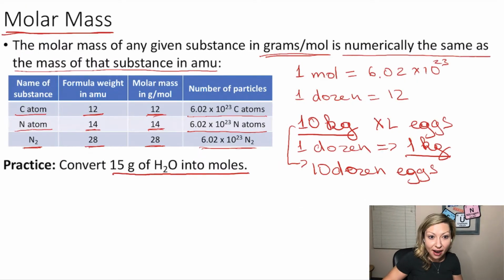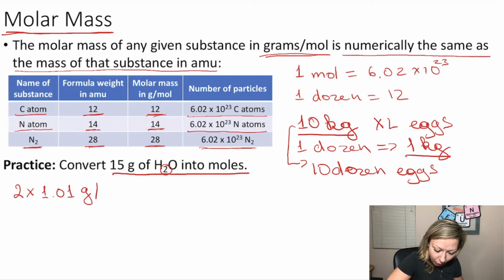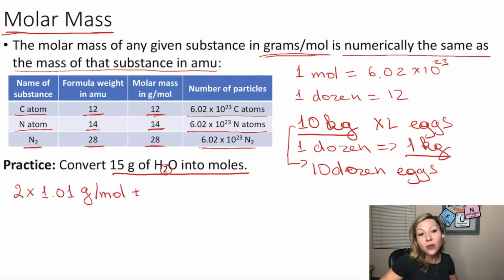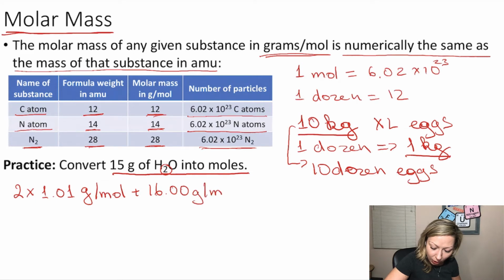Since I have 2 hydrogen atoms, I need to take 2 times the molar mass of hydrogen atoms, which is 2 times 1.01 grams per mole, plus the molar mass of oxygen atoms, which is 16.00 grams per mole.